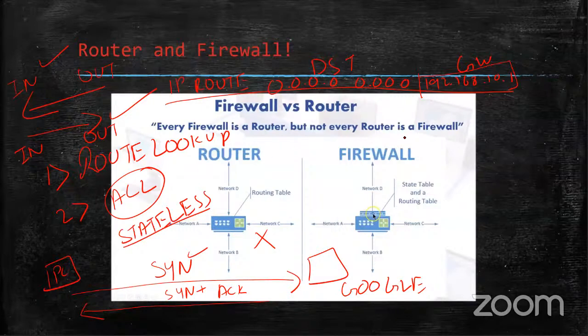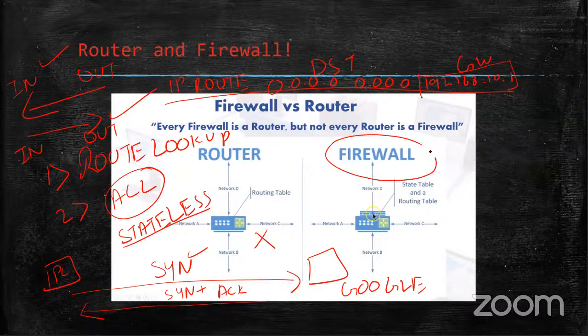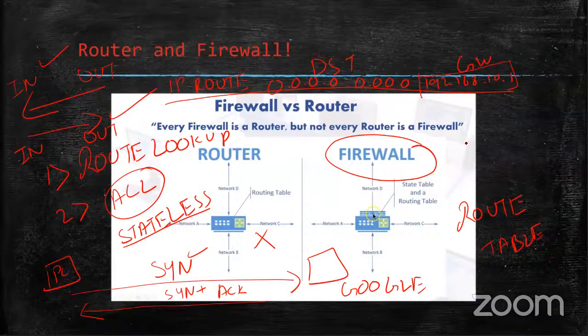But when it comes to a firewall, apart from having a routing table, which it obviously has, apart from your route table, they also have something which is called, tell me, what is it called?